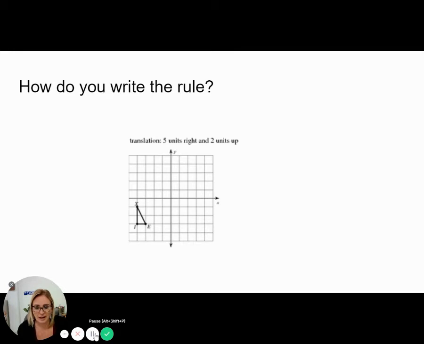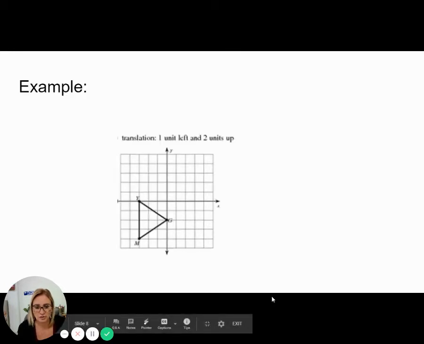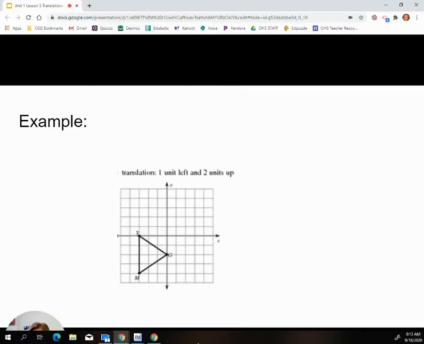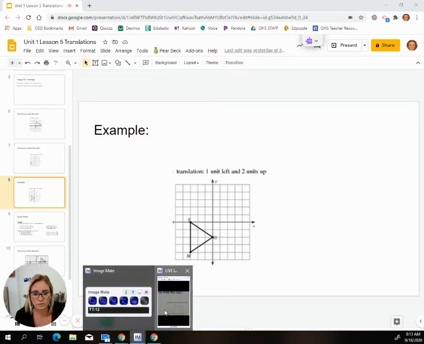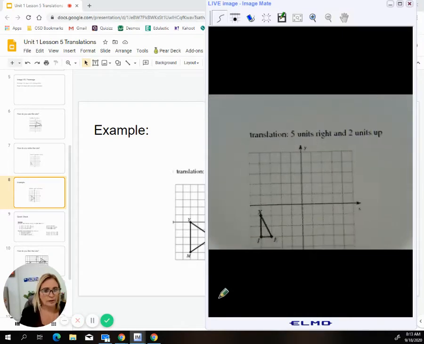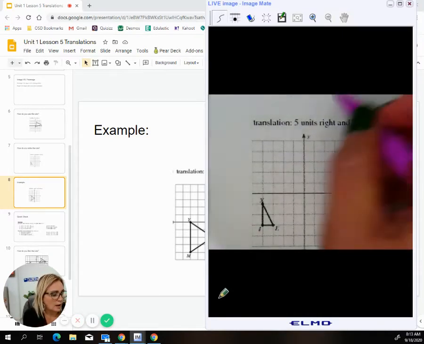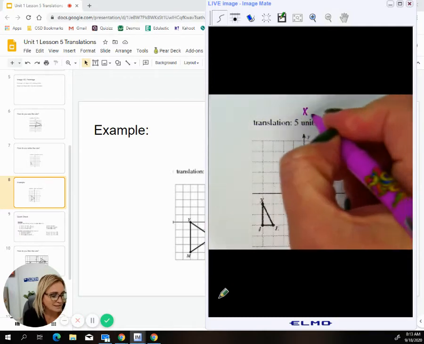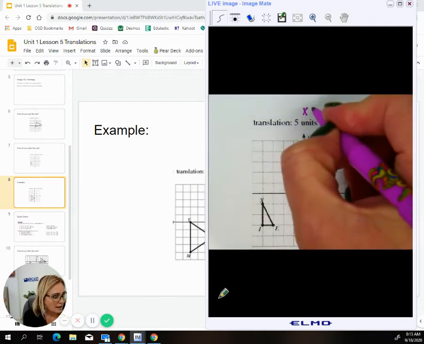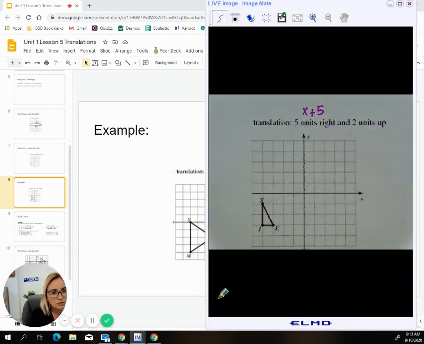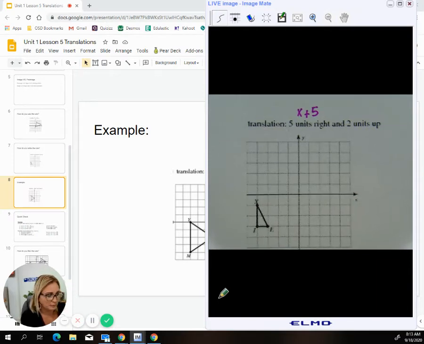Okay, so I'm going to actually pull up my other screen again so that we can work through this. So we are going 5 units to the right, which is an X direction, and 5 units to the right means that we are going to be taking our X value and adding 5.